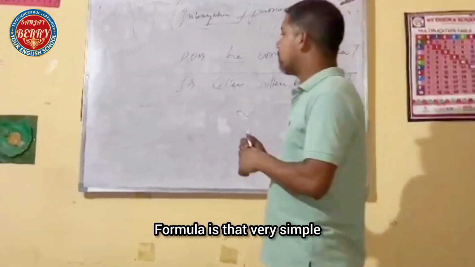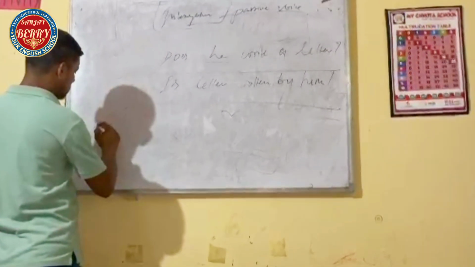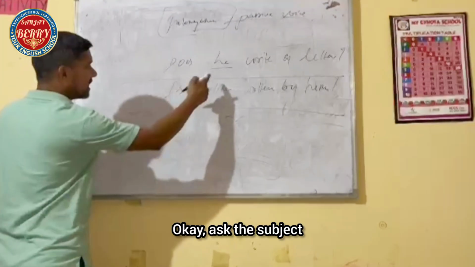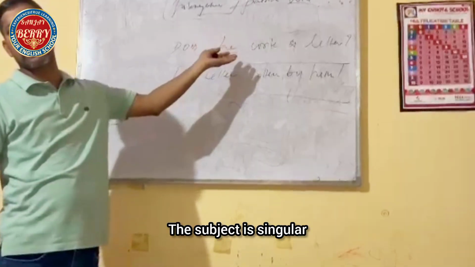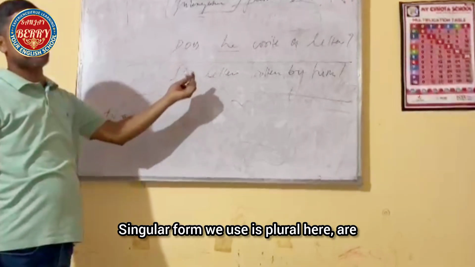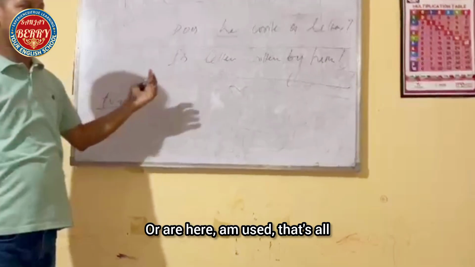The formula is very simple. First of all, the helping verb, as per the subject. If the subject is singular, we use is; for plural, are; for I, am is used.